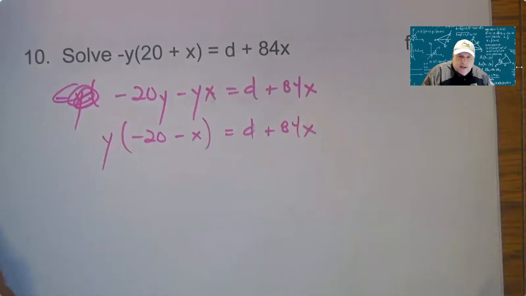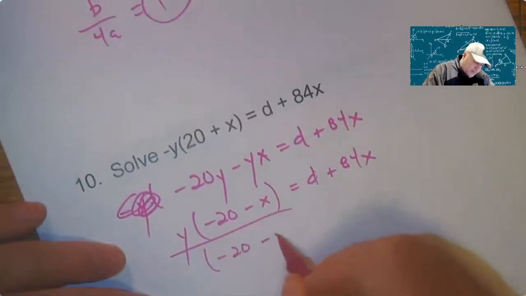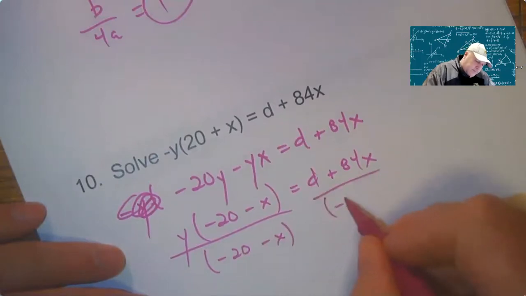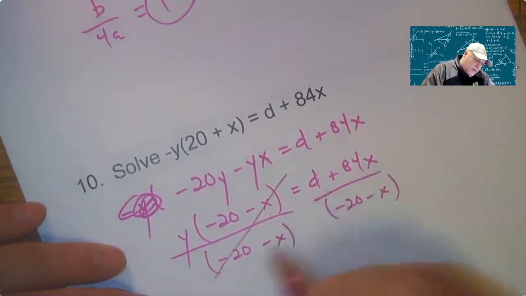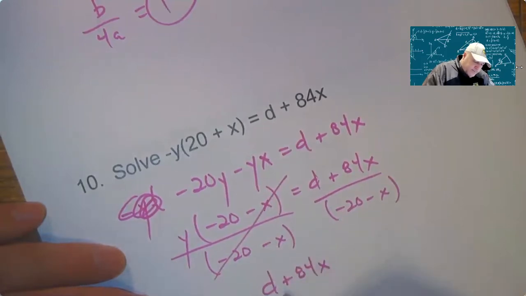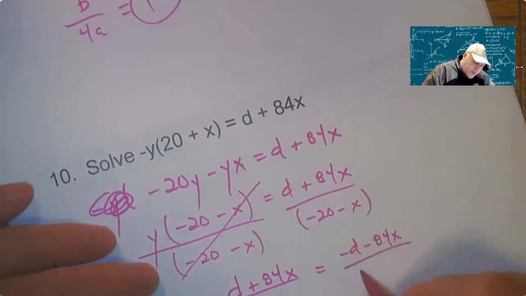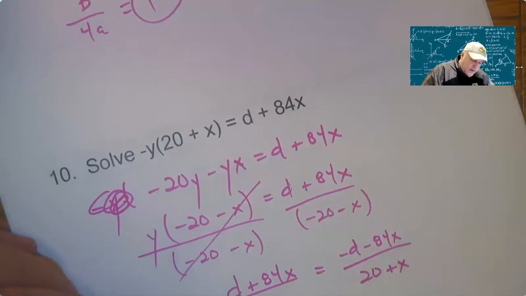And then we're going to divide by whatever is multiplied, equals d plus 84x. And depending on what way you took things, you could have had this answer too, either way.